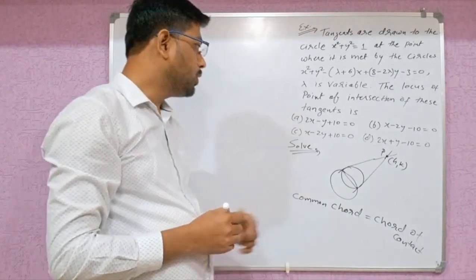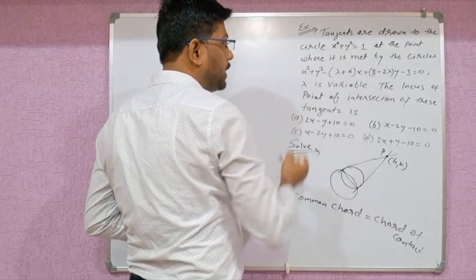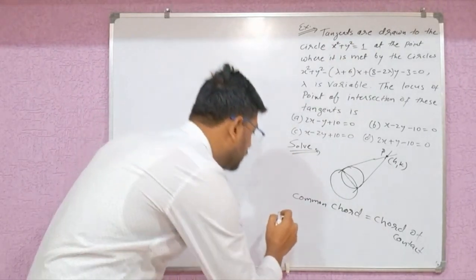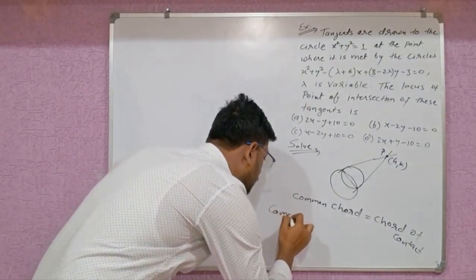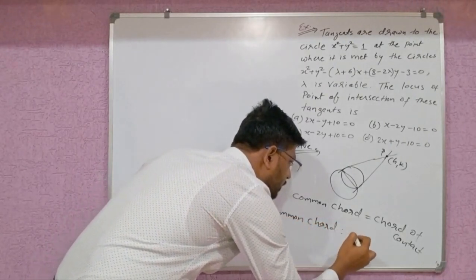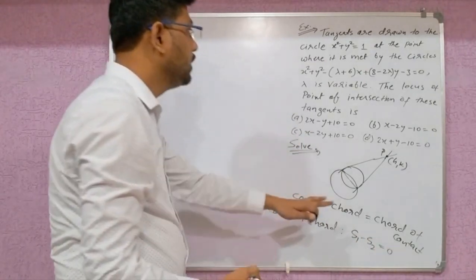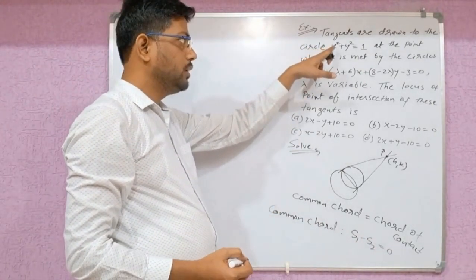Common chord will be for this circle and this circle. That will be S1 minus S2 is equal to 0. So we'll subtract this circle from this circle.